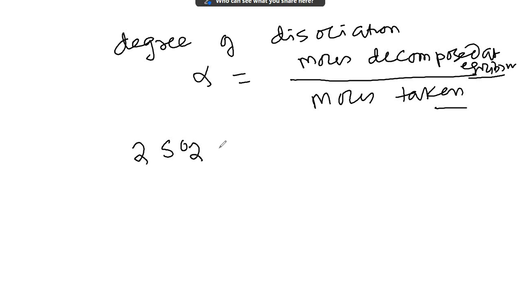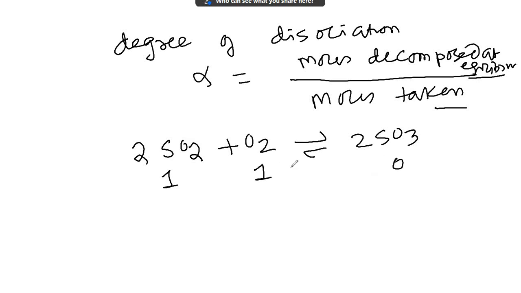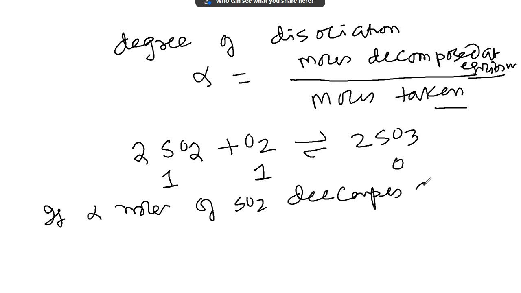Look at the reaction. Suppose we have taken 1 mole, and the product is 0. If alpha mole of SO2 decomposed at equilibrium, it will be 1 minus alpha.